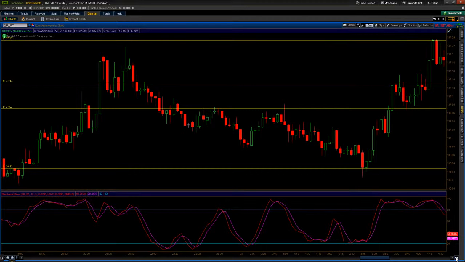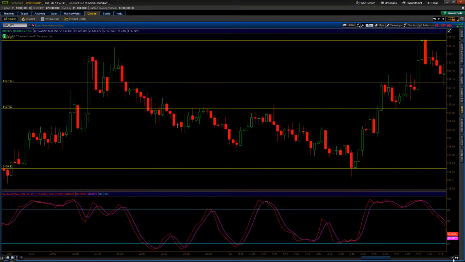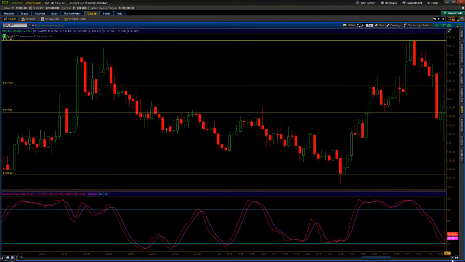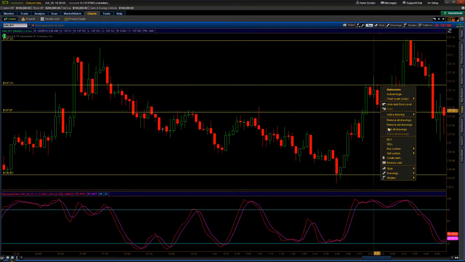We'll draw a line here, and we'll adjust this line to here, so it touches most of these candles right here. And then it completely faked you out and went the opposite way. Now we're watching this resistance area. If it touched this area, or came close to it, you could have taken a put option.